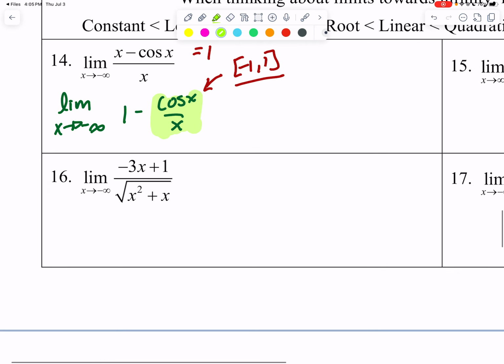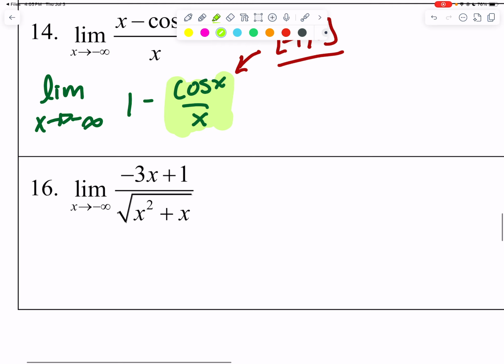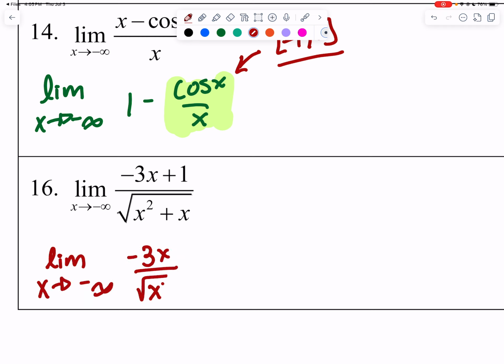All right, same thing for number 16 here, where what we're going to do is probably compare this with negative 3x over the square root of x squared. And remember that the square root of x squared is the same thing as the absolute value of x. So now I have this lovely thing right here.